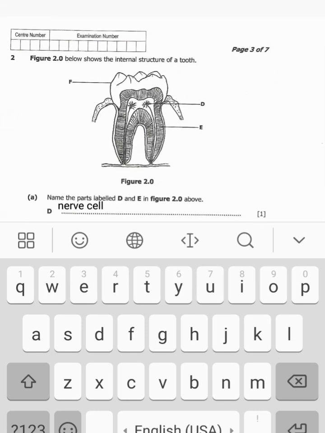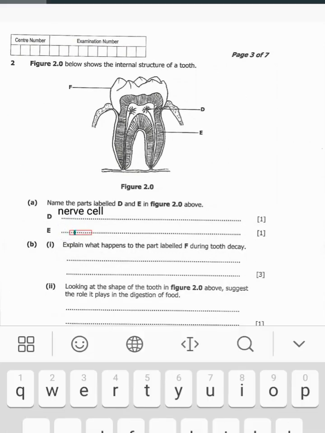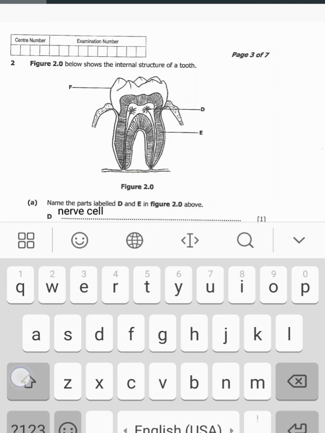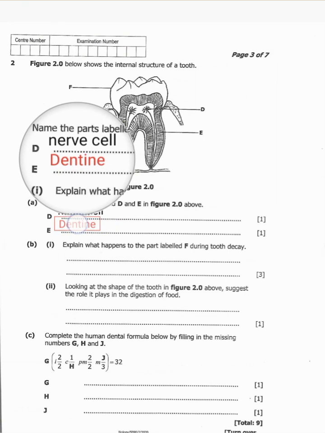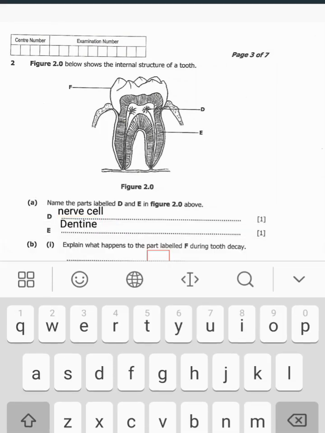Then we have E. I've already mentioned that the E is the dentine. Okay, hope it's clear.